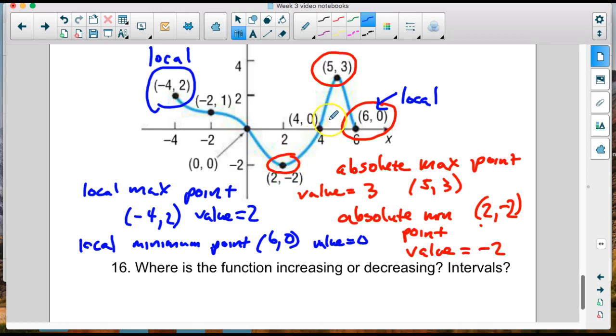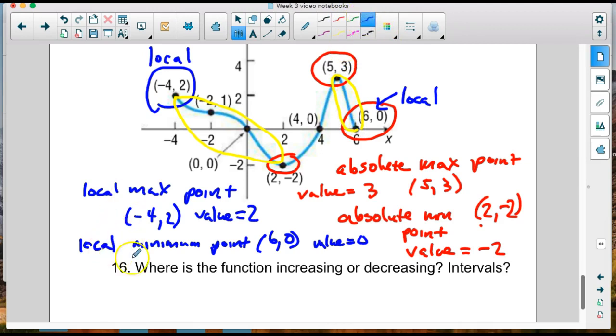Then it increases, then it decreases again. So there are 2 places where the function is decreasing. It's decreasing in this interval here, and it's decreasing here. So we're going to be listing both of those as decreasing intervals.